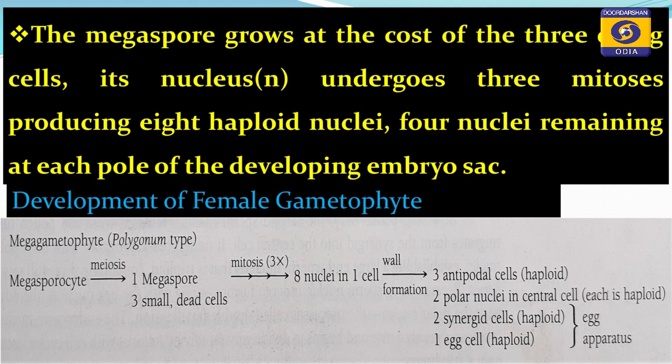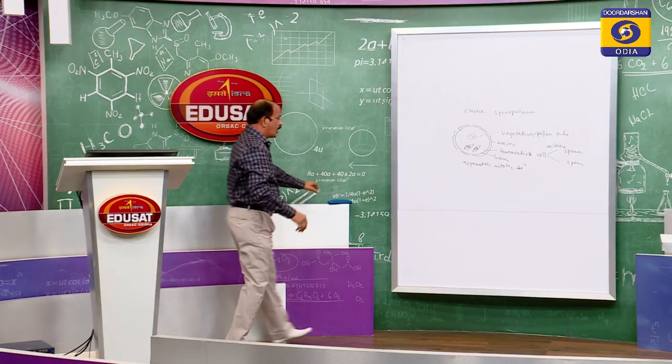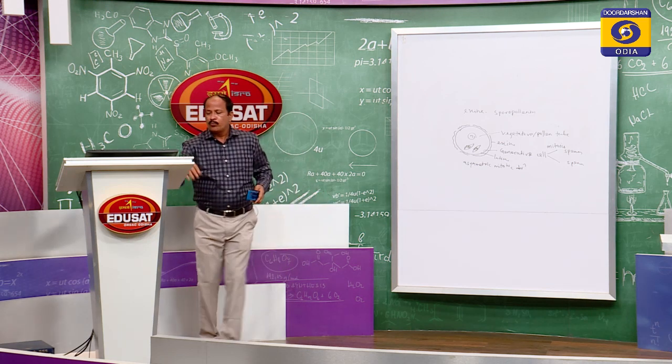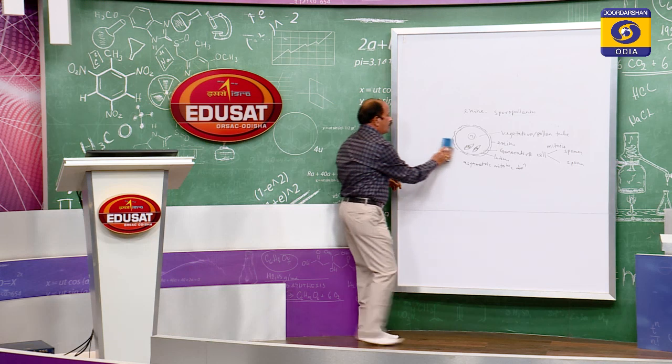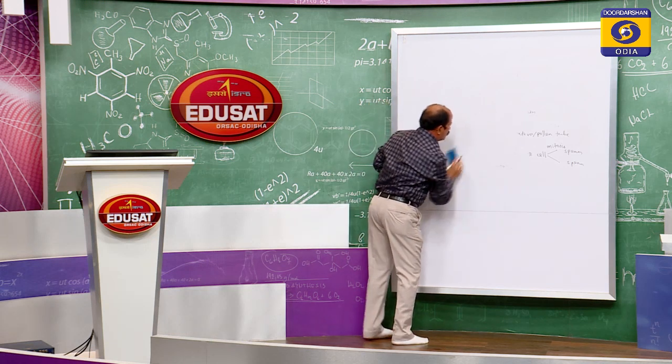Further, this megaspore increases at the cost of the dying cells. The nucleus divides thrice, 3 successive mitotic divisions of this megaspore nucleus take place, resulting in 4 or 8 nuclei, 4 at each end. Let us have a discussion like this.